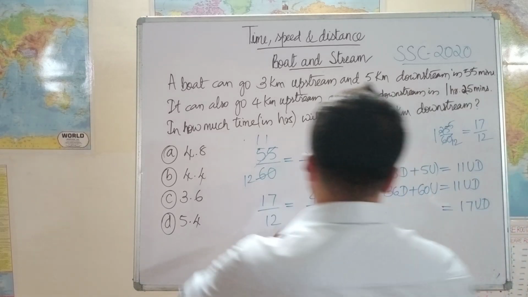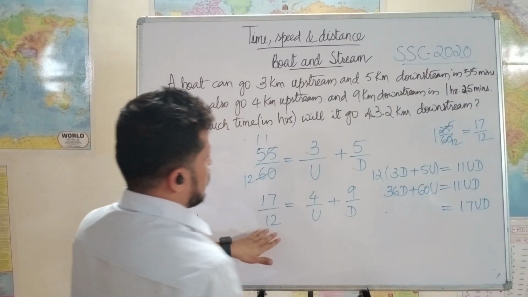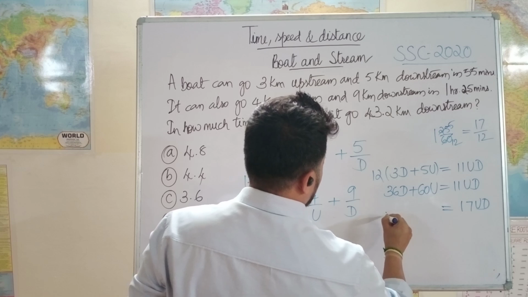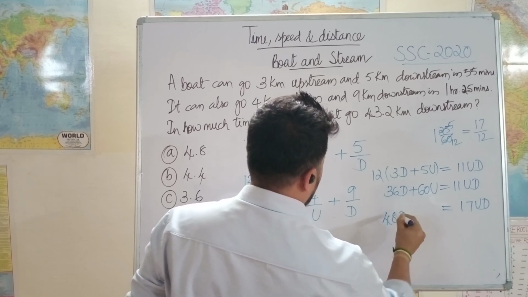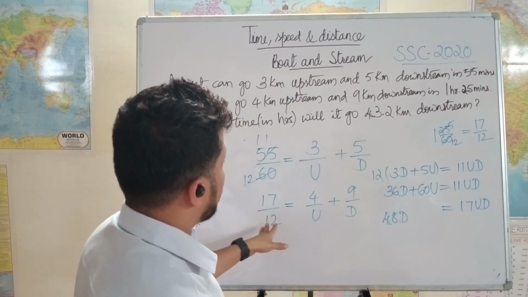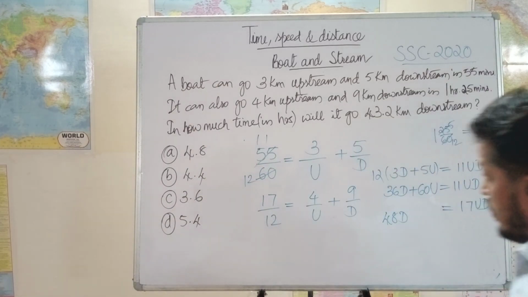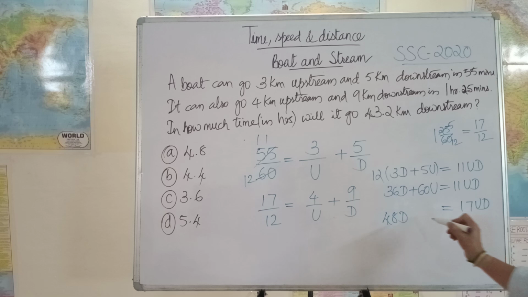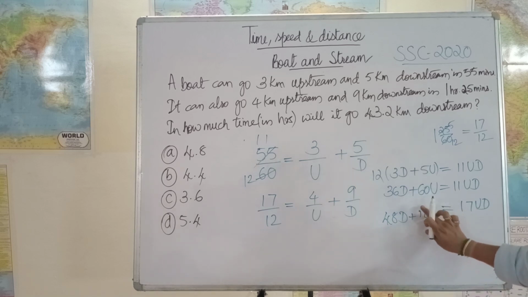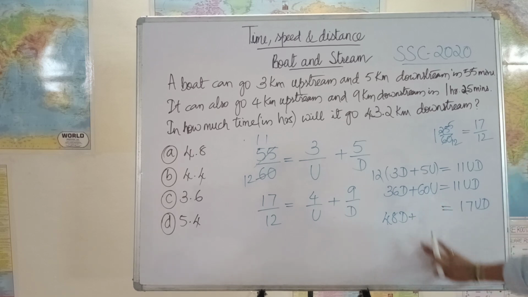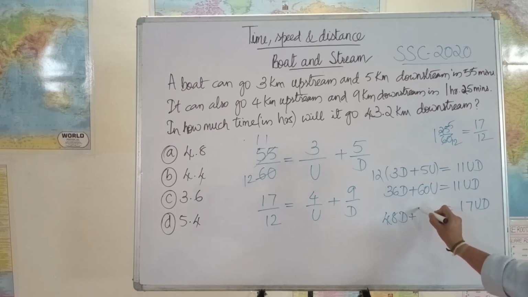I will write directly, 4d gets multiplied with 12, 48d, and 9u gets multiplied with 12. So how much is 2u? Correct?